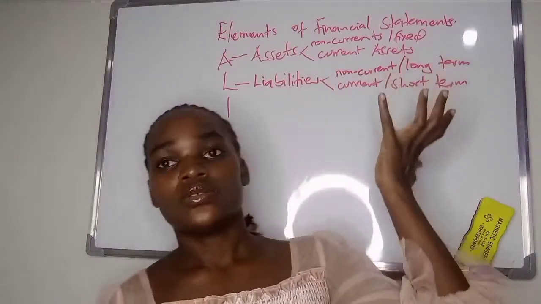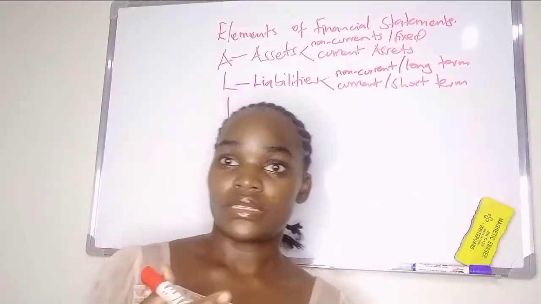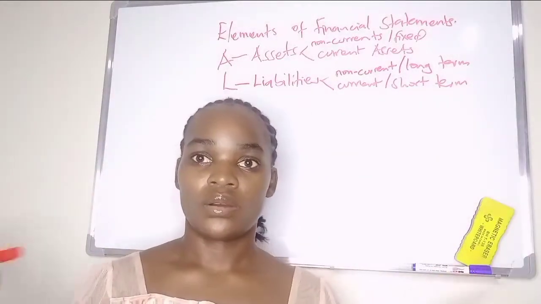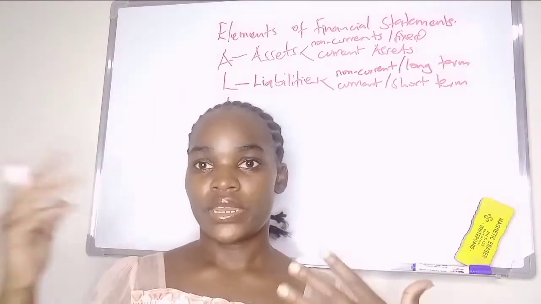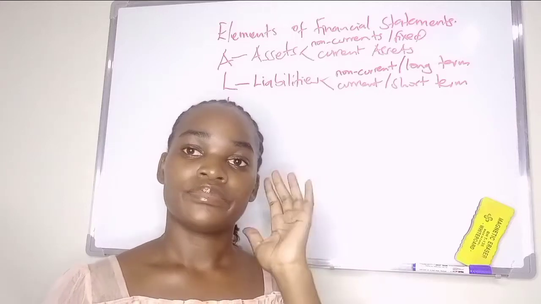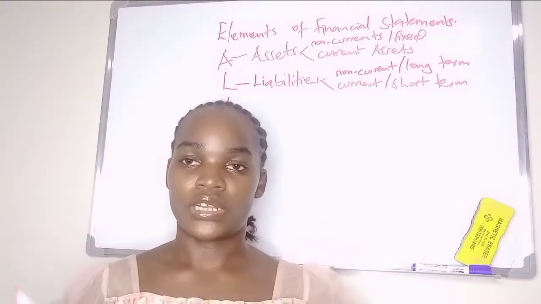Non-current or long-term is an obligation to the business for a period exceeding 1 year. If a business has a debt that goes beyond 1 year, it becomes a non-current liability. An example of that is usually a loan.